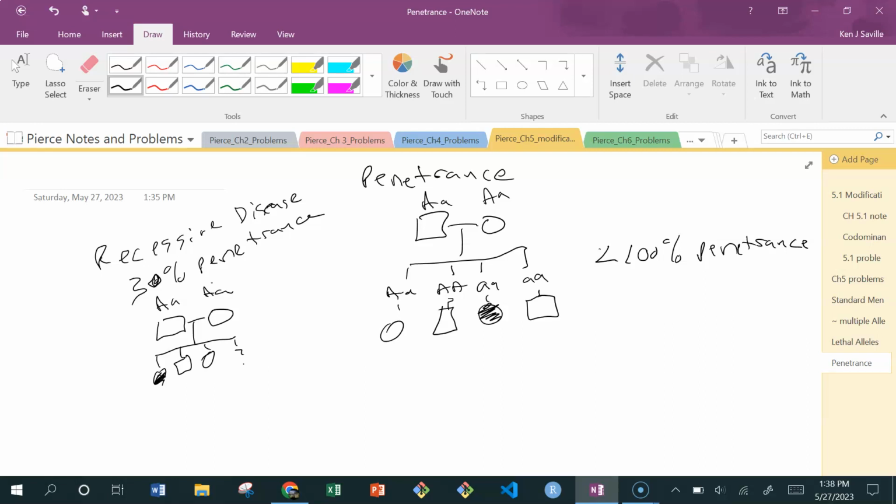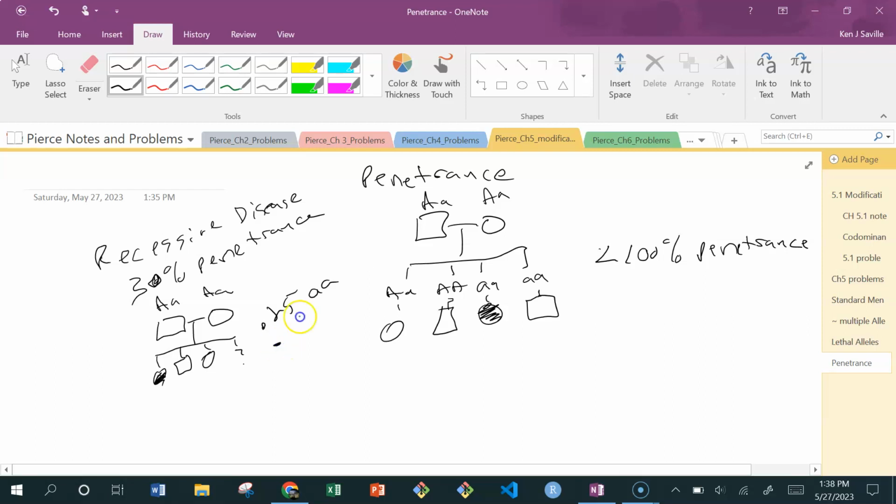Well, if we know it's recessive, we know there's a 1/4 probability. We'll say 0.25. That's a 0.25 probability to get that genotype. But of those people, only 30% will get the disease. So that's the probability of getting the genotype.